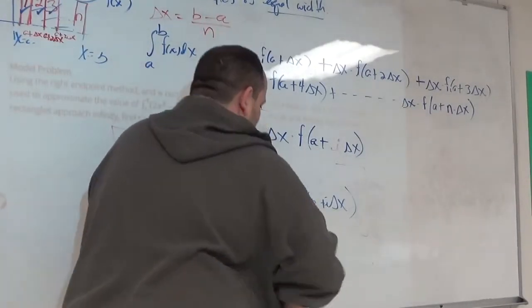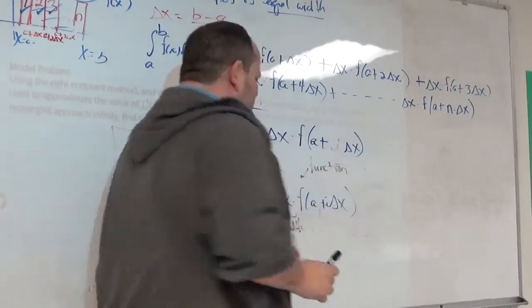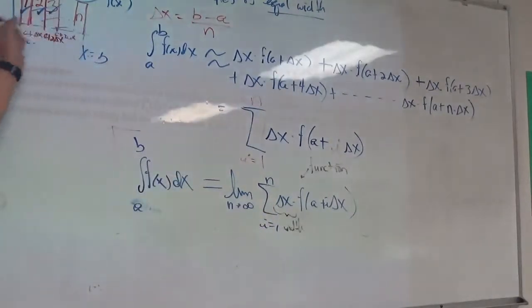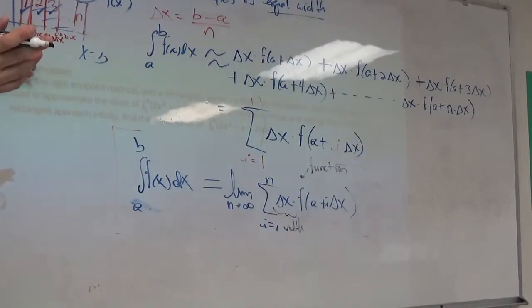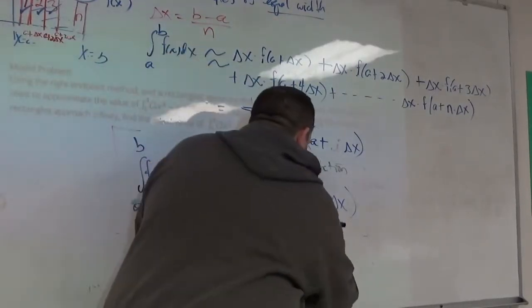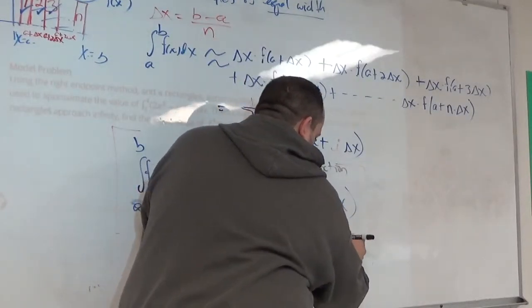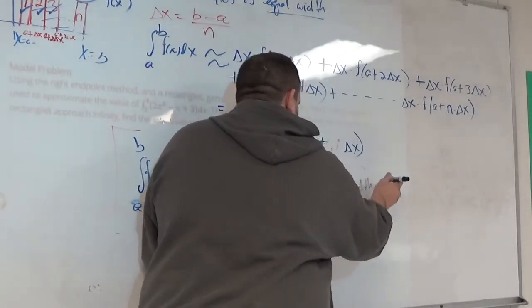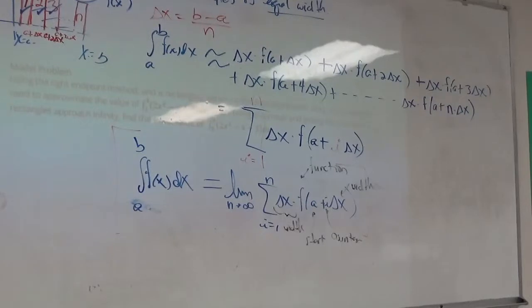The f is your function. What's the a? What's the purpose of the a in this problem? Rebecca? It's your starting value. Okay, it's your start. The i is your counter. And the delta x is your width again. This is the story. This is what you need to be able to do.